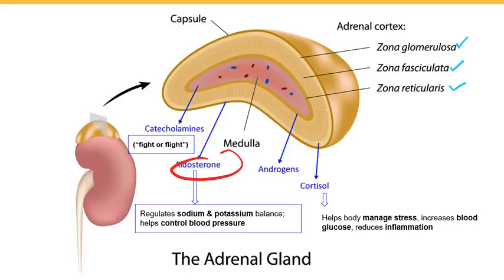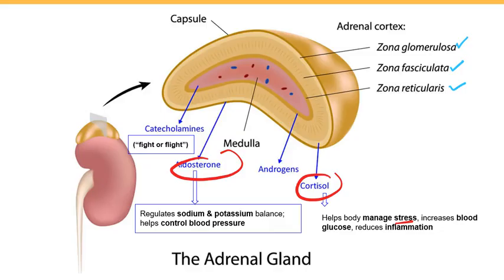Then the middle layer, zona fasciculata, produces the glucocorticoids group of hormones, mainly cortisol, often called the stress hormone. Cortisol helps the body cope with stress by maintaining blood pressure and energy supply.